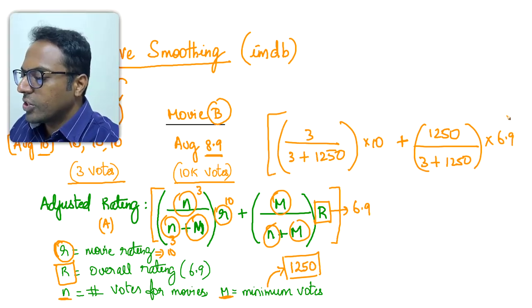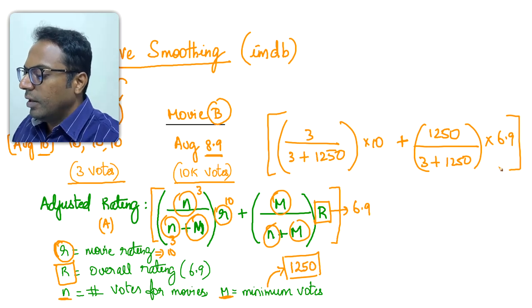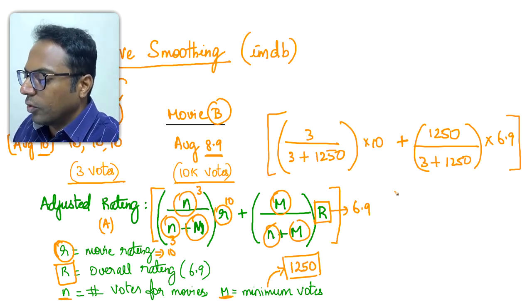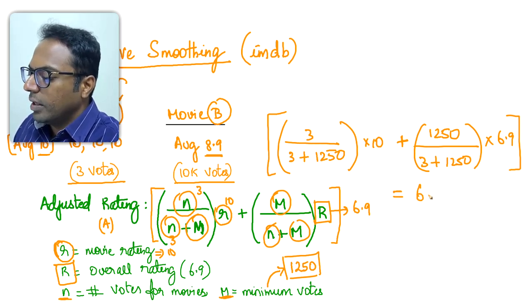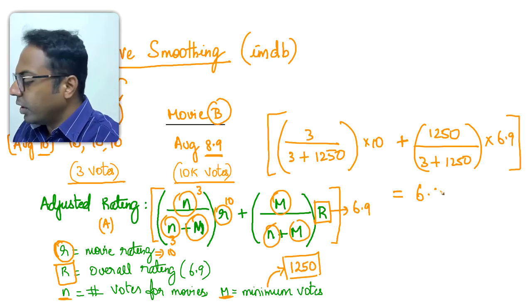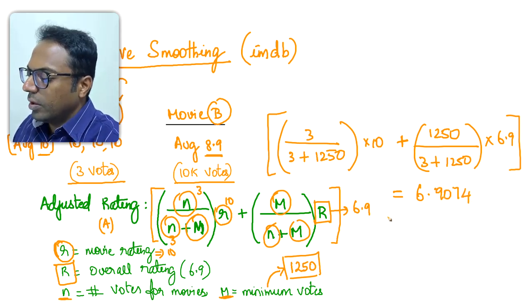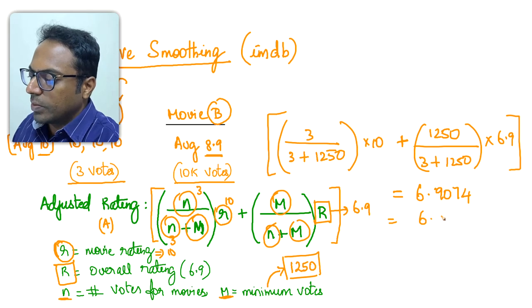This would be the adjusted rating. Now the value of this whole number turns out to be 6.9074, which approximates to 6.91.